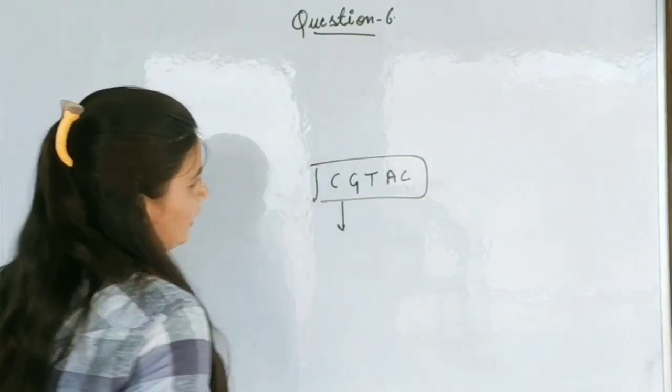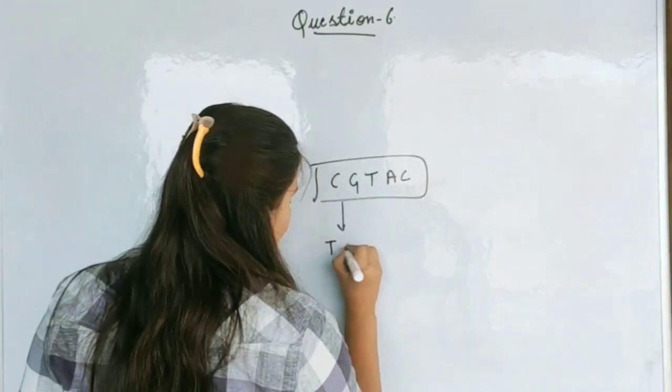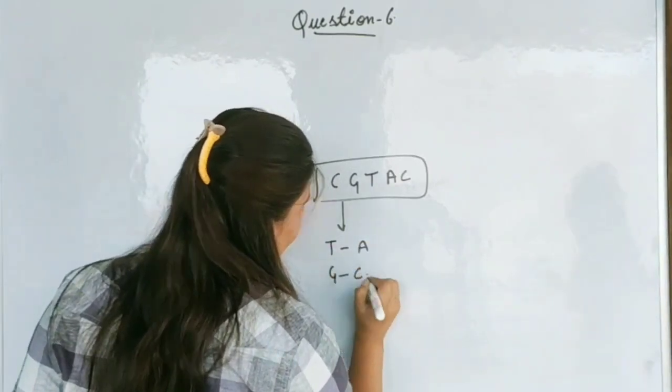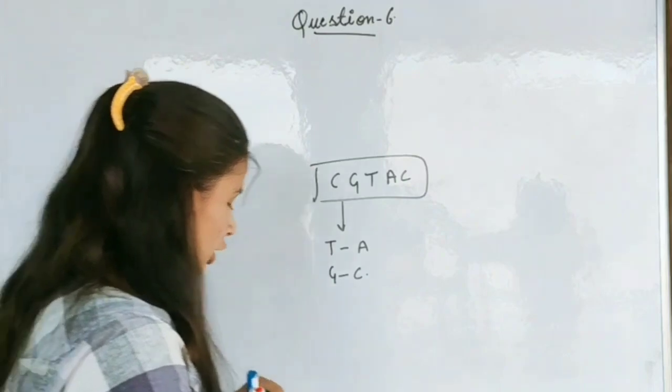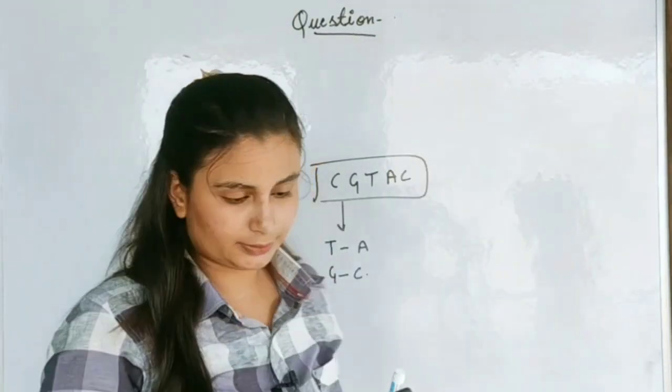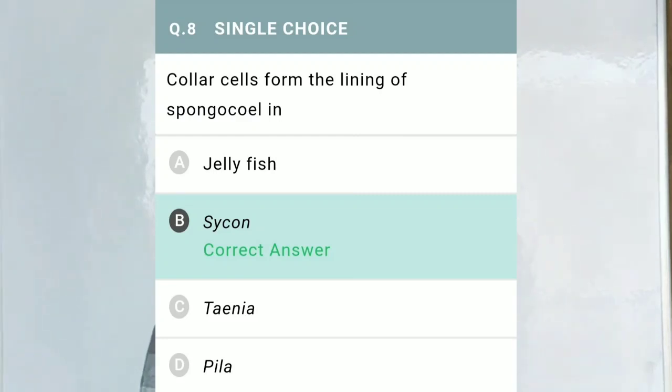Because in the replicated strand, thymine is going to bind with adenine and guanine is going to bind with cytosine. Now move to next question, question number 8. Chloral cells form the lining of spongiole, and the option which is correct is cycon.